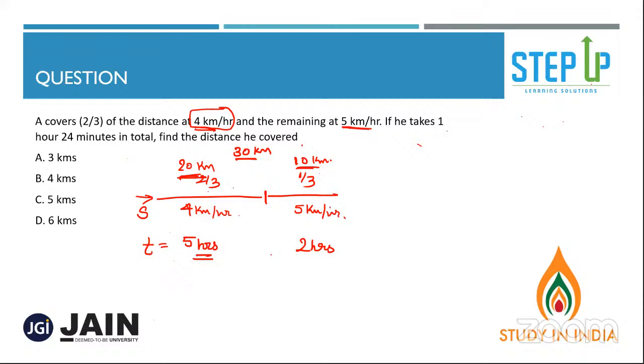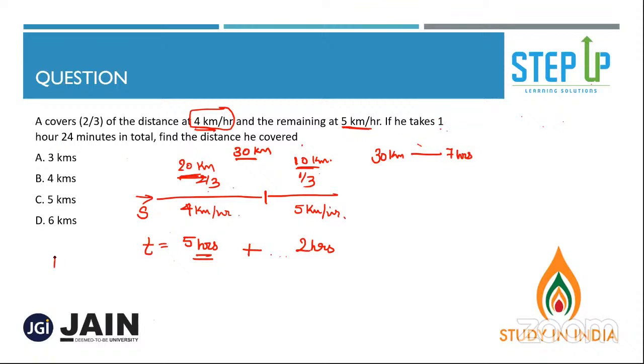Did you get it so far? So the total time I have taken is 7 hours. Got it, right? So when the distance is 30 kilometers, I am taking 7 hours.